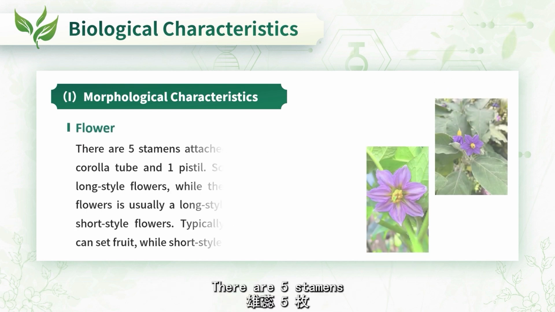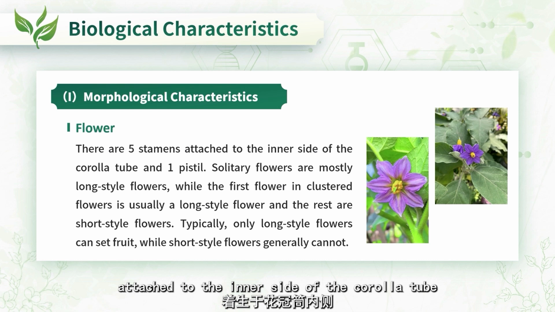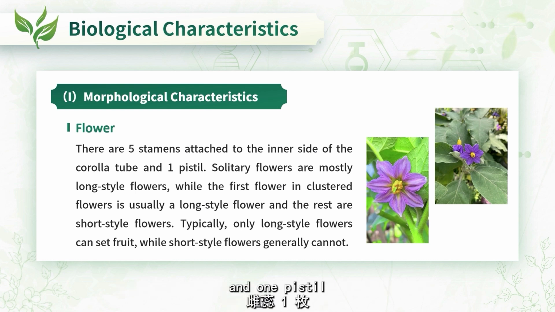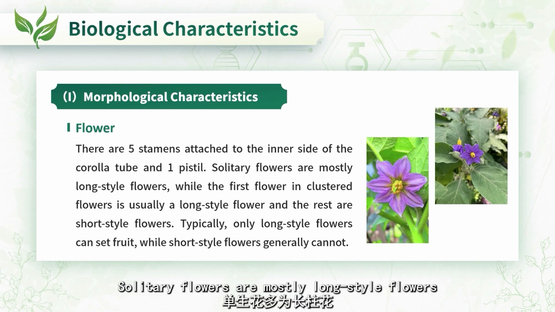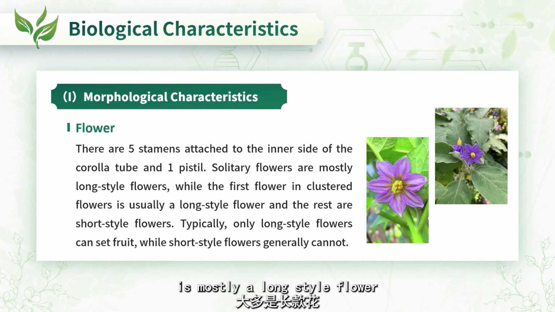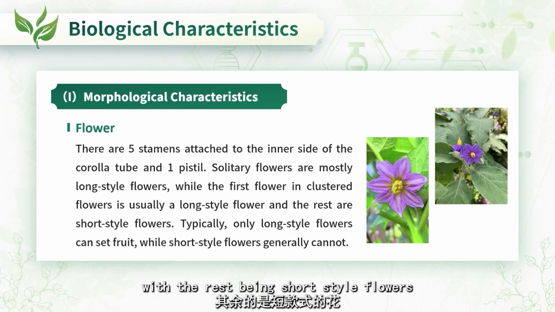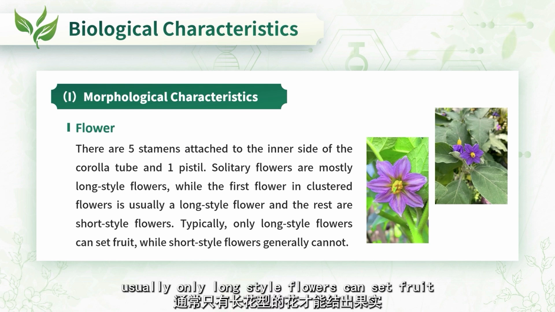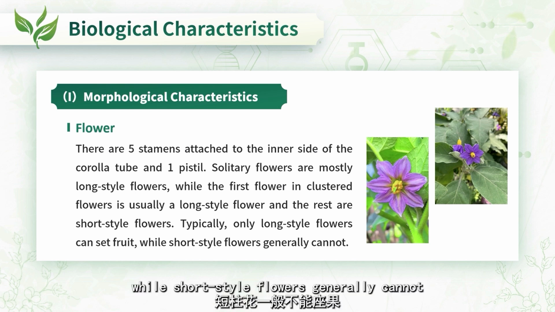There are 5 stamens attached to the inner side of the corolla tube and 1 pistil. Single flowers are mostly long-style flowers, and the first flower in clustered flowers is mostly a long-style flower, with the rest being short-style flowers. Usually, only long-style flowers can set fruit, while short-style flowers generally cannot.